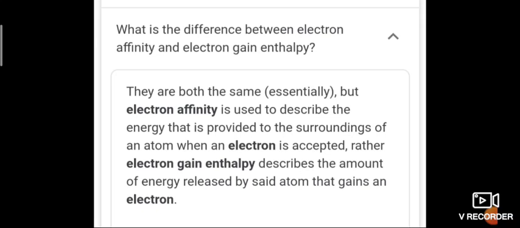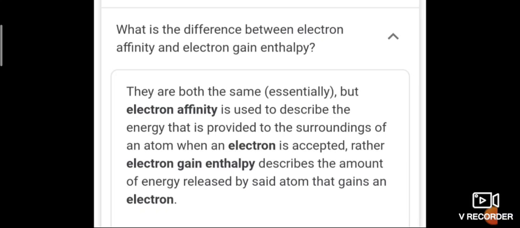For example, if you take an atom in the gaseous state and add an electron, it turns to a negative ion. Along with that, energy is released, around 8 electron volt. So the electron affinity is plus 8 electron volt.